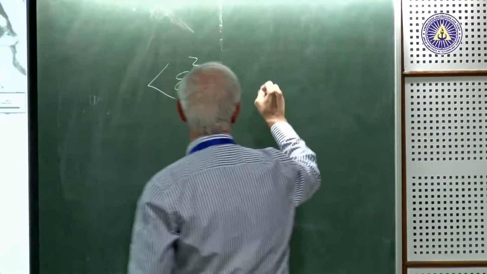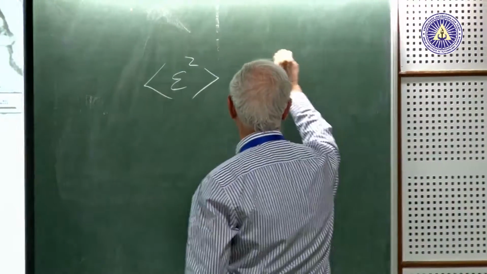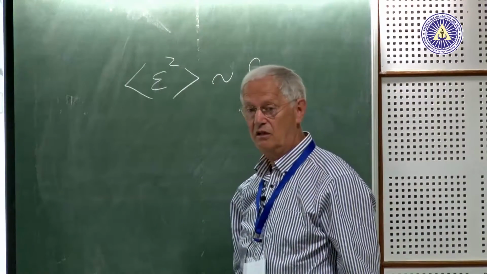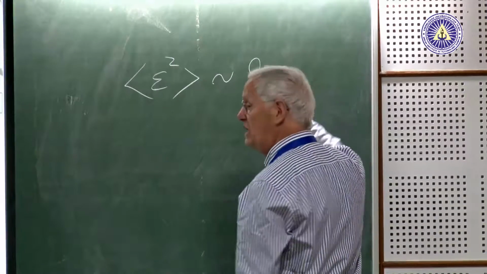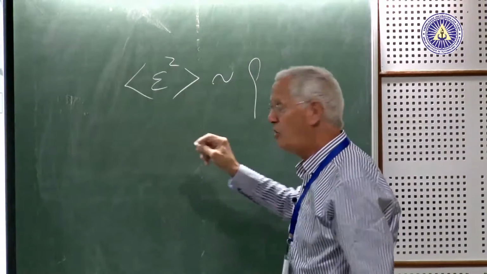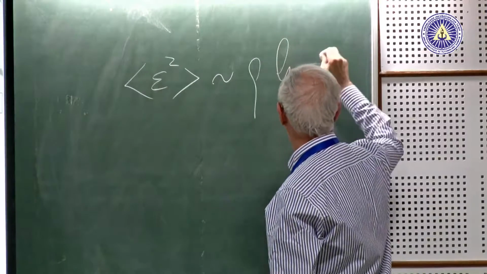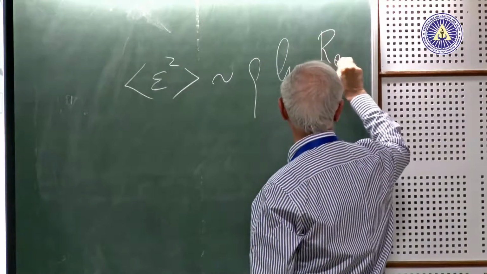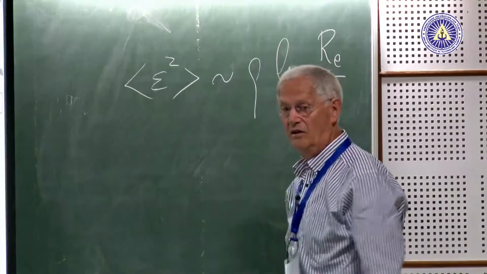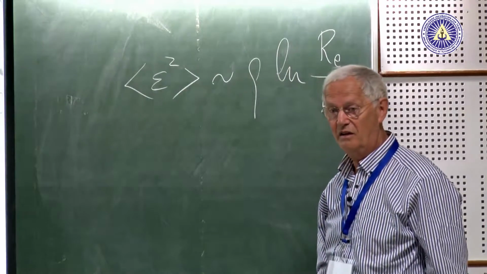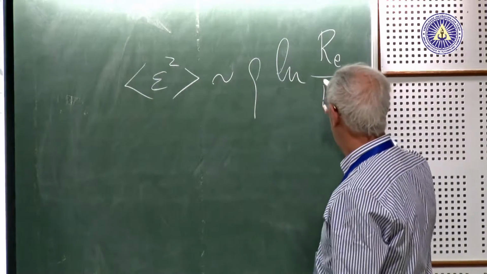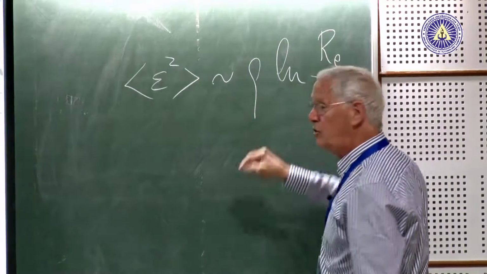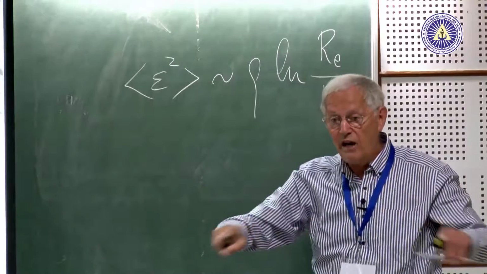Mean square strain is proportional to the number density, and we can write the Krivoglass formula as proportional to ln(Re/L). Okay? This is the major point. This will give you the peak shape in the tail region.